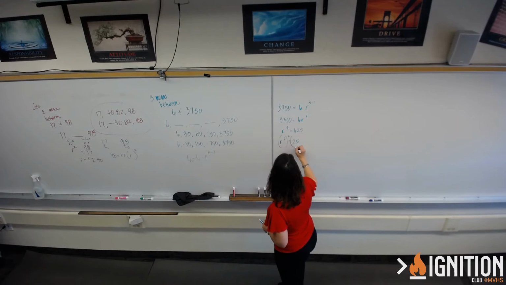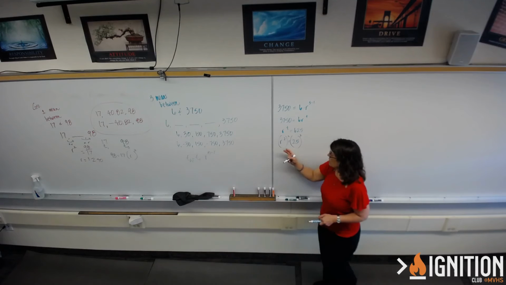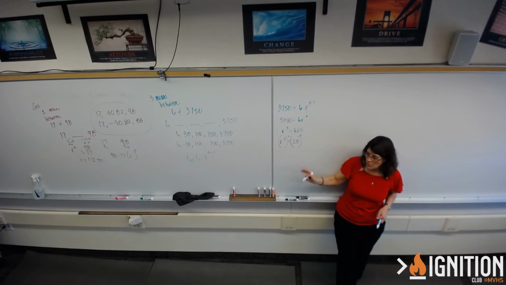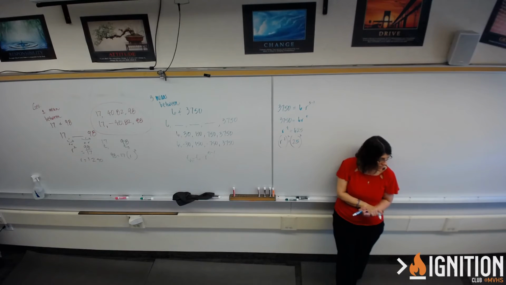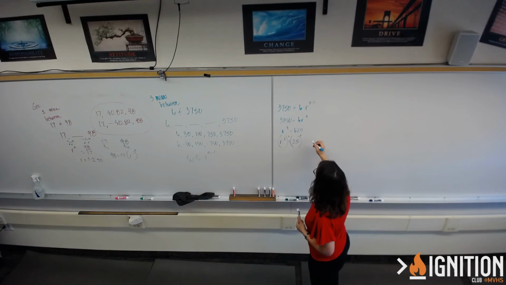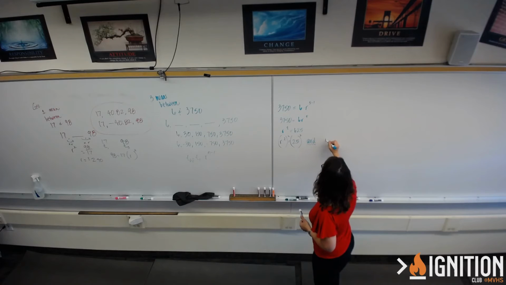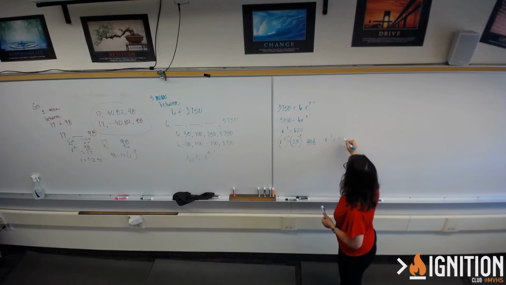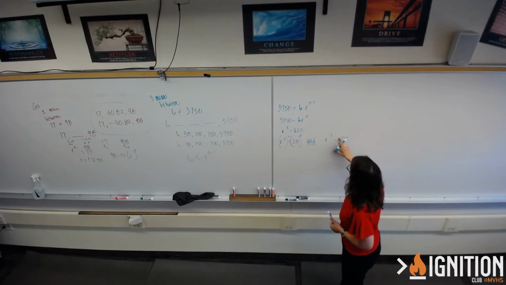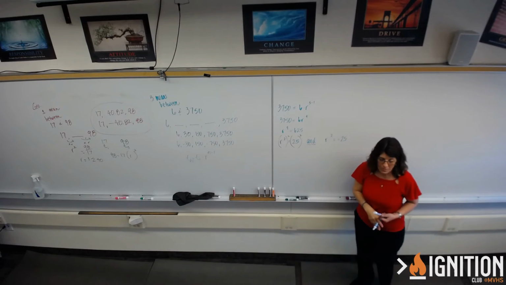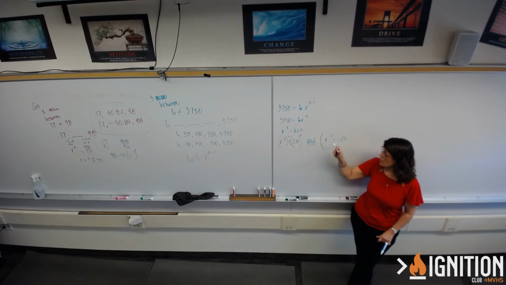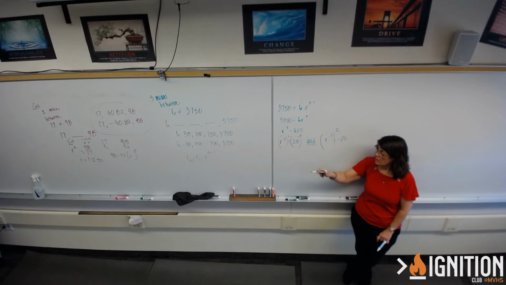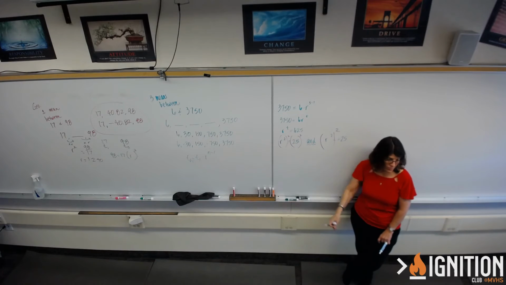If you square this, you would get r to the 4th equals 625. Do I have a true statement? Yeah. However, r squared could also be negative 25. Where did that come from? What happens when you square r squared? You get r to the 4th. Agreed?